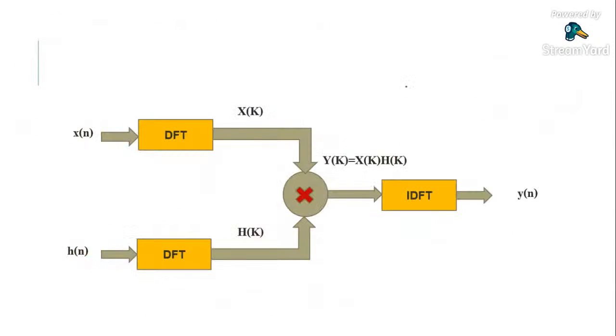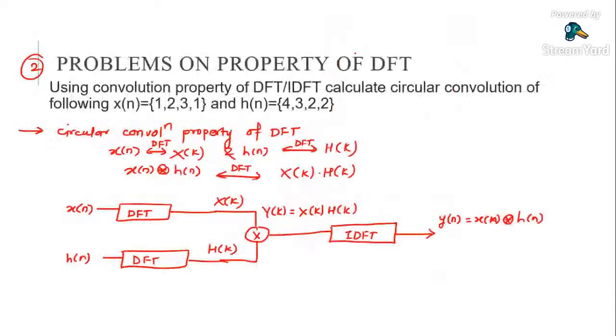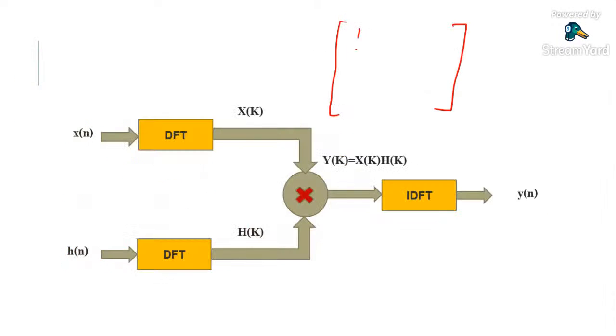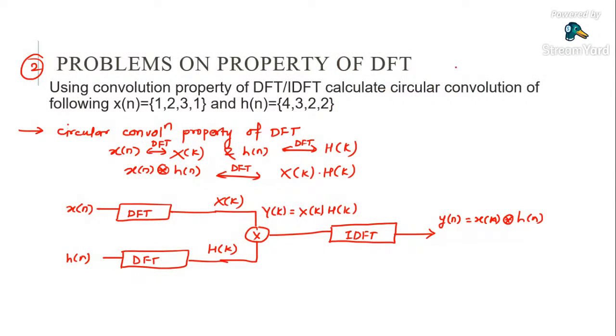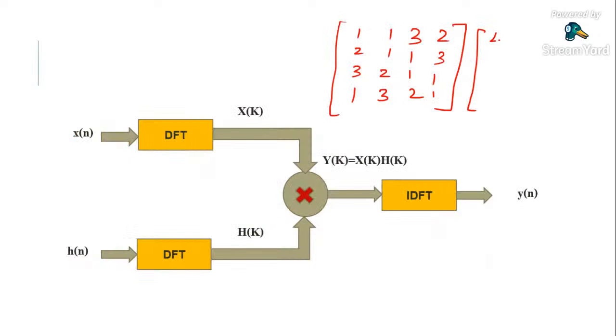So we will use it here for verification: 1 2 3 1, 1 1 2 3, 3 1 1 2, 2 3 1 1, multiplied by 4 3 2 2. So do the multiplication.